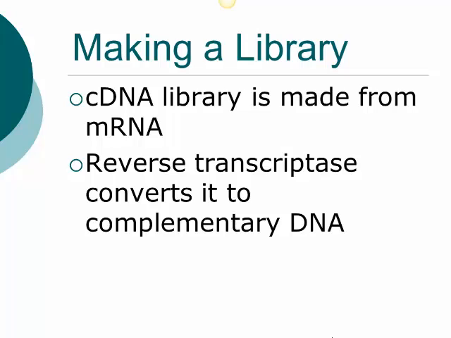If it's going to be making proteins, so it's important to that cell. Remember that not all proteins are made by all cells, and not all genes are transcribed and translated in a given cell. So, for example, I worked with a rat liver library. I wanted to know only the proteins that were being made in the liver. So I narrowed it down so that the haystack, if you will, was easier to find the needle.